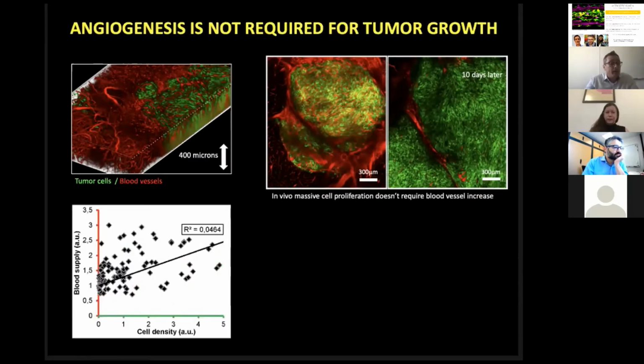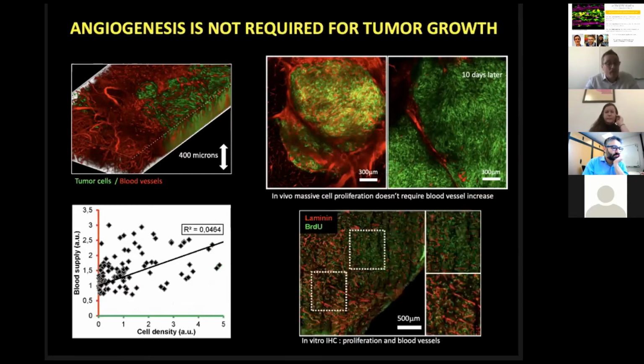And at all times, there was absolutely no correlation between the fluorescence on the green channel for cell density and on the red channel for the blood supply. These in vivo data were confirmed later by immunocytochemistry of Debardieux staining. And we could show that the place where the maximum proliferation was seen was not the place that was the most vascularized.